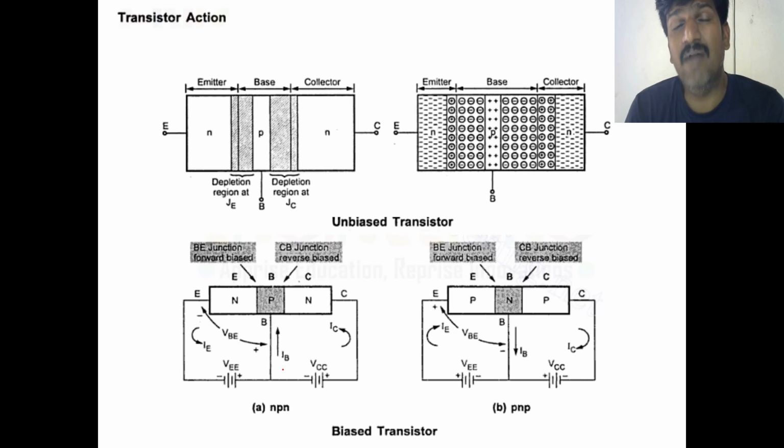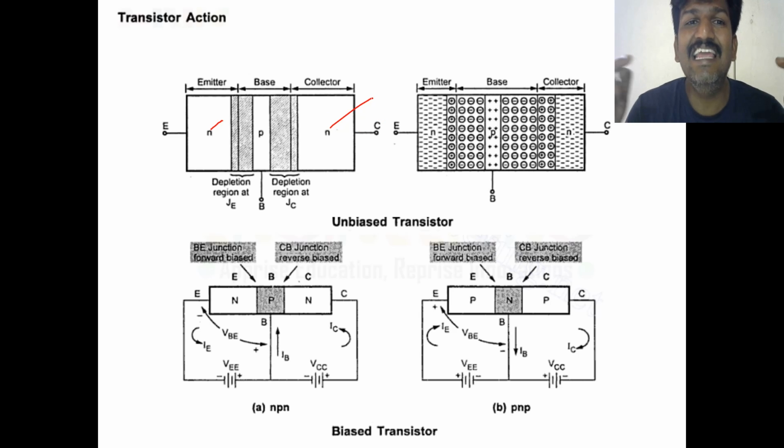If the transistor is not biased, let me consider how its internal structure is. The emitter is connected with the N type, and you can also see the collector is connected with the N type. Already I mentioned that emitter and collector are both connected with the same material, but the base is connected with a different material. In an NPN transistor, N and N are the emitter and collector. In between you have the P-type material.